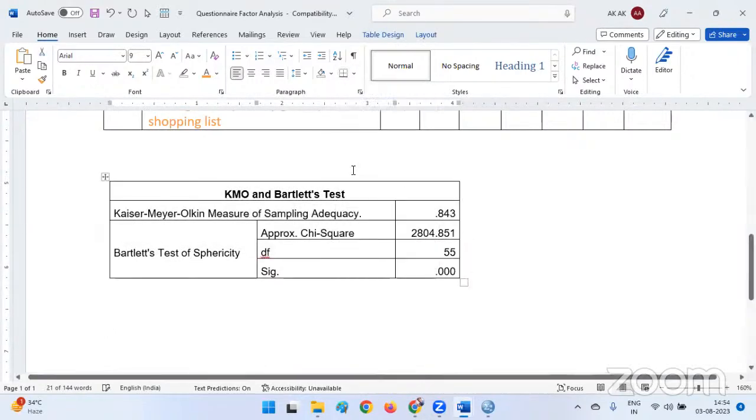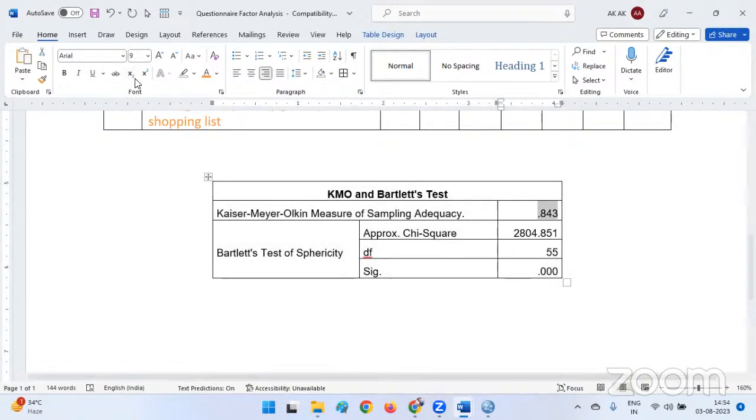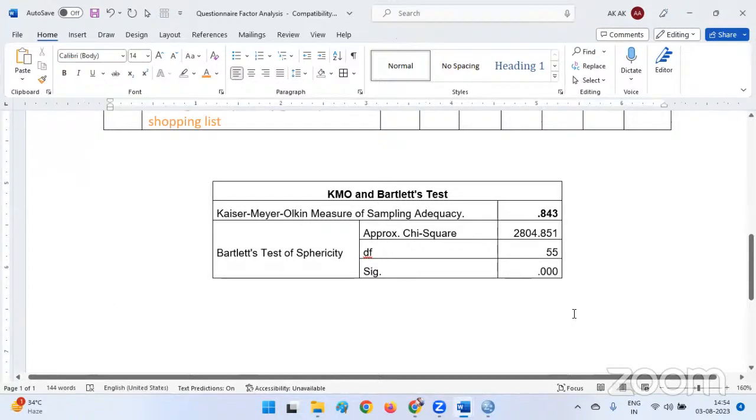First table I take is KMO and Bartlett test of sphericity. The value should be more than 0.65, which is recommended. If it is less than 0.65, you should not go ahead with the factor analysis.